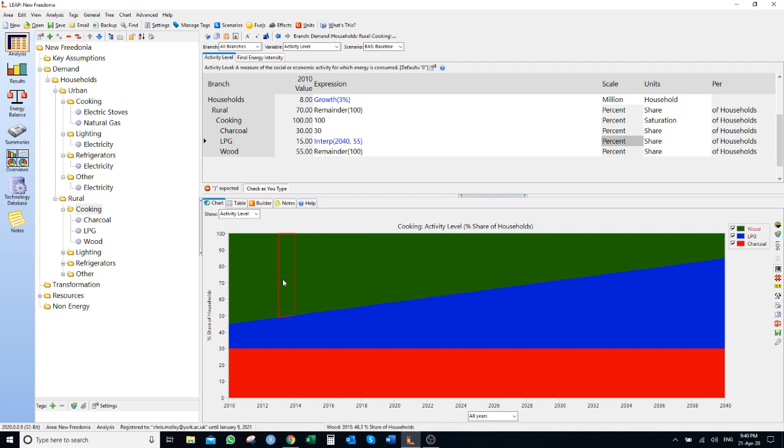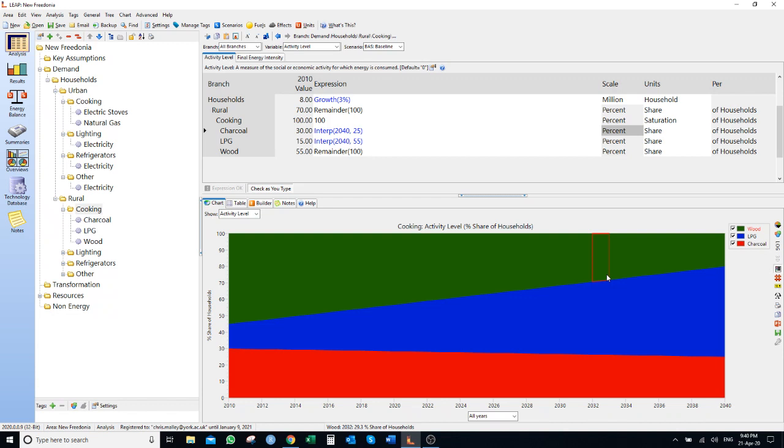You can see that that blue part of the graph increases. 25 use charcoal, and the rest use wood. So the real change is the increased uptake of LPG.